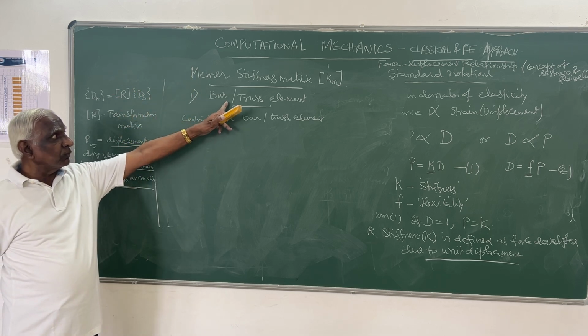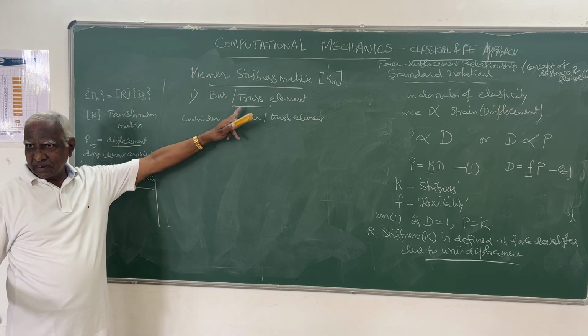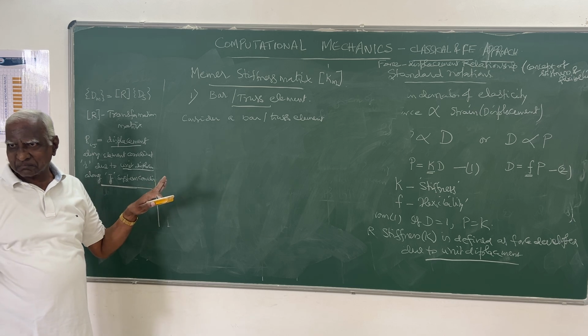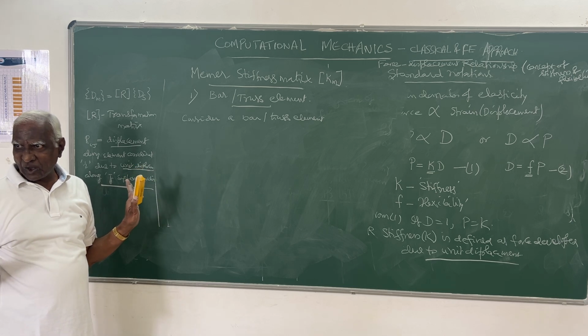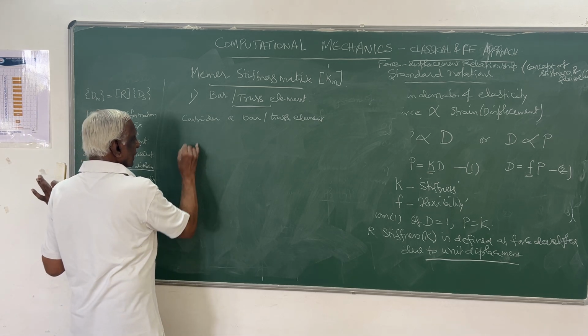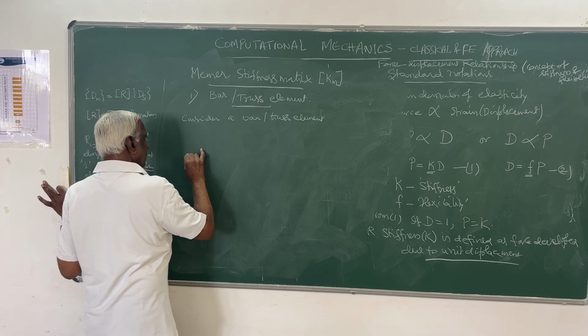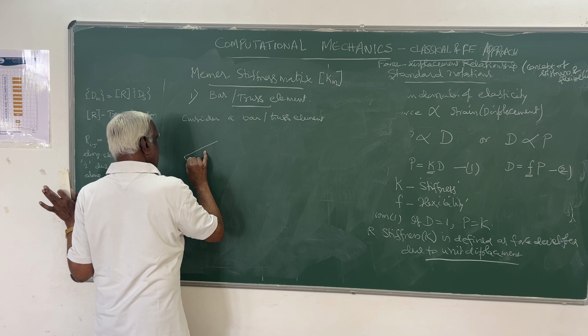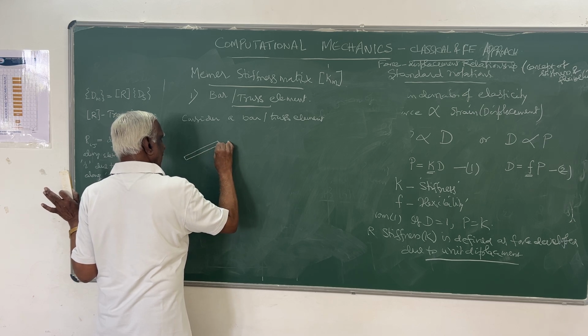And I am talking about only a bar or truss element, it is a line element. Both are clear now, because I have told you the types of structures and everything. So consider a bar or truss element.